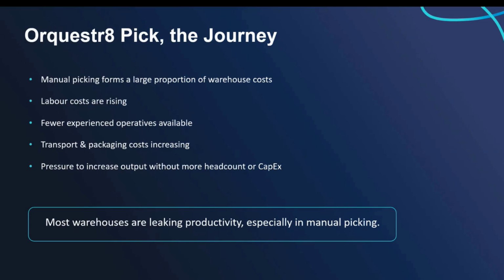Orquestr8 Pick Optimize, the journey. Through our experience of warehousing and automation, and through talking to a lot of our customers, we realise and know that picking in warehouses forms a huge part of the operational cost of a warehouse.